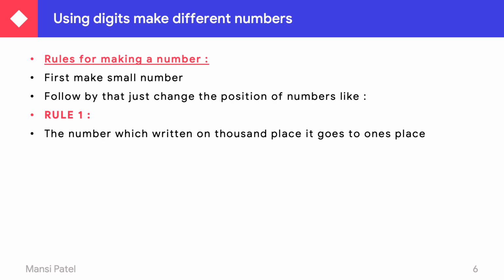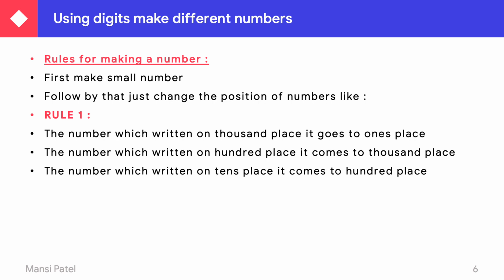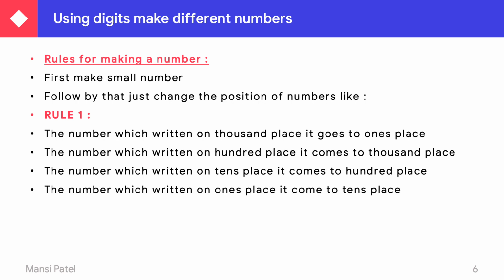You have to change just position of the numbers. It means what? The number which is written on thousand place, it goes to ones place. Then the number which is written on hundreds place, it comes to thousand place. Then the number which is written on the tens place, it comes to hundreds place. The number which is written on ones place, it comes to tens place.